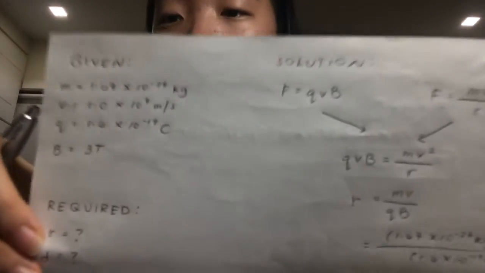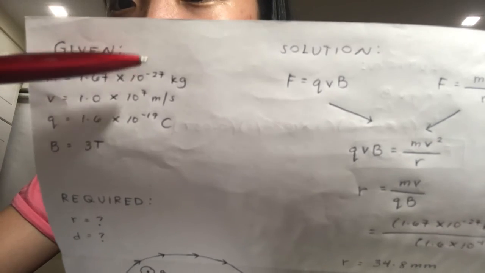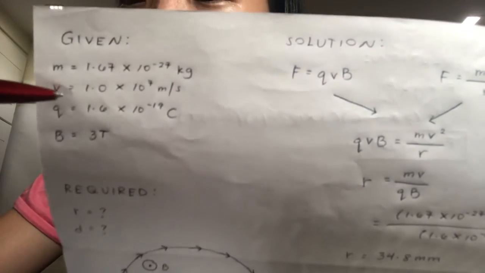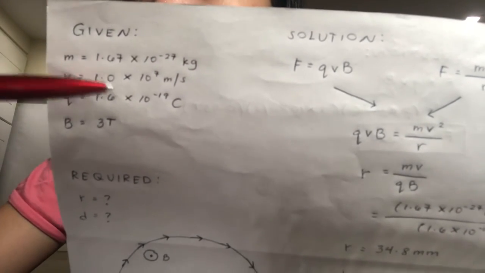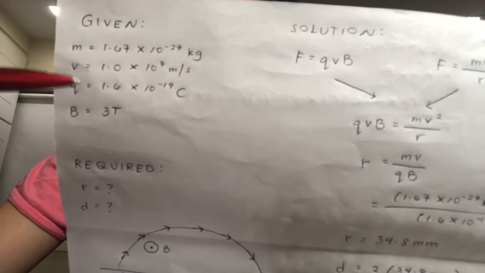For the sample problem, you will also be finding the given, required, and solution. For the given, we have the mass, which is 1.67 × 10^-27 kilograms. For the velocity, we have 1.0 × 10^7 meters per second.